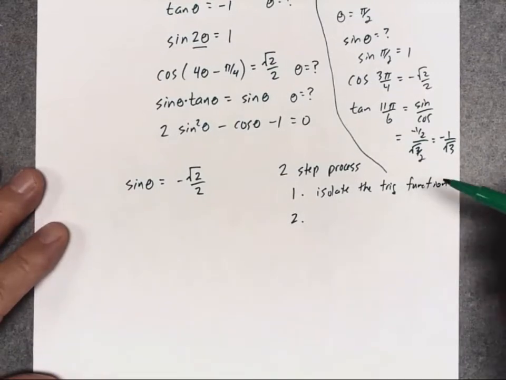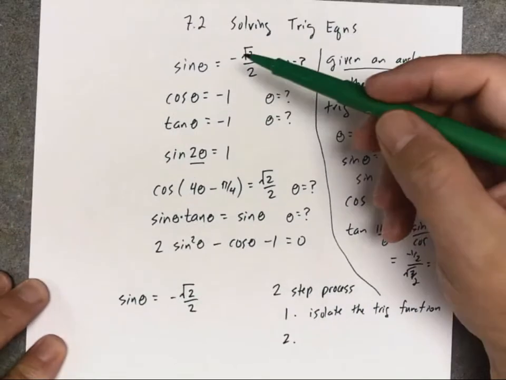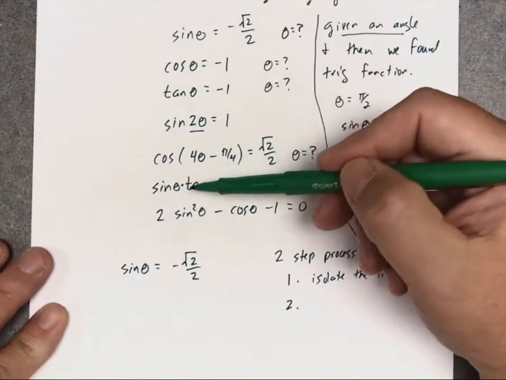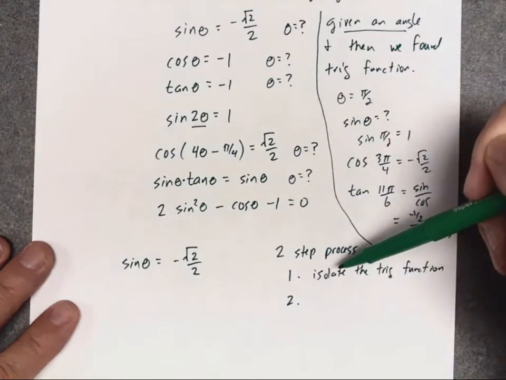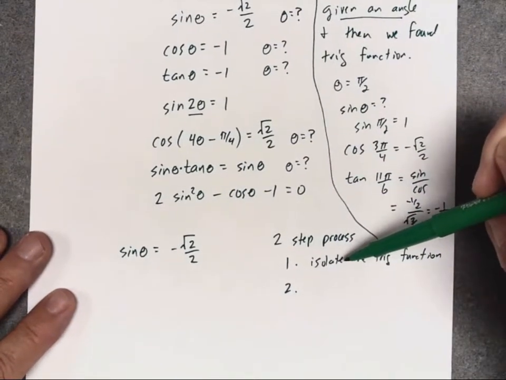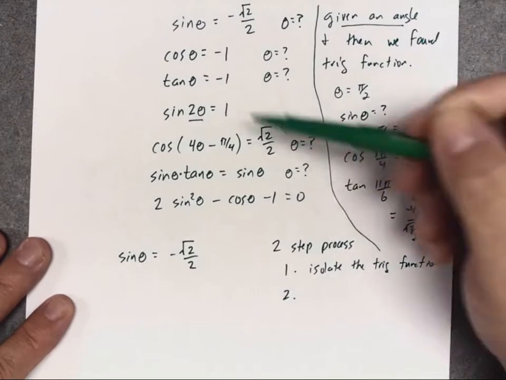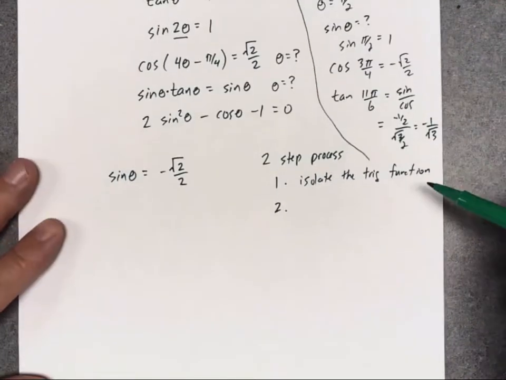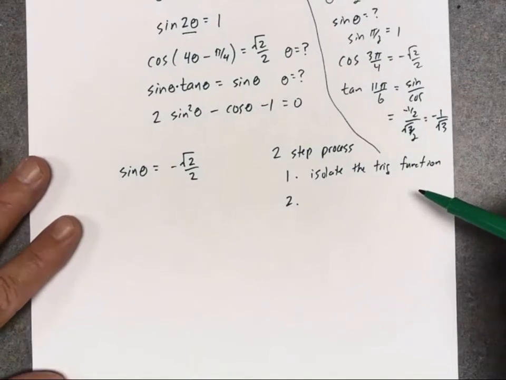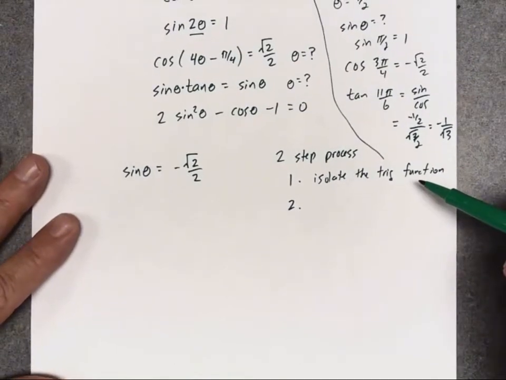So this really applies to these first problems, until the problems with multiple trig functions, where it doesn't apply as simply. It does, but it's not as clear. But for all these equations where there's just one trig function, the first thing we have to do is get that trig function by itself on one side.